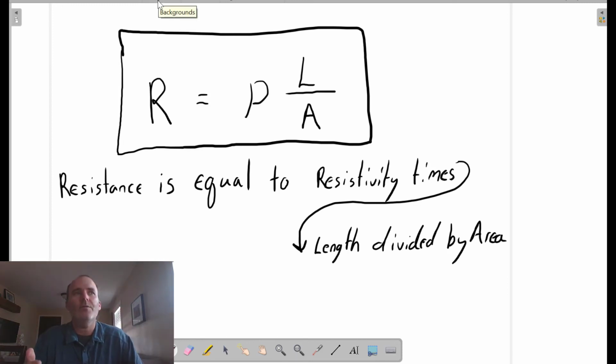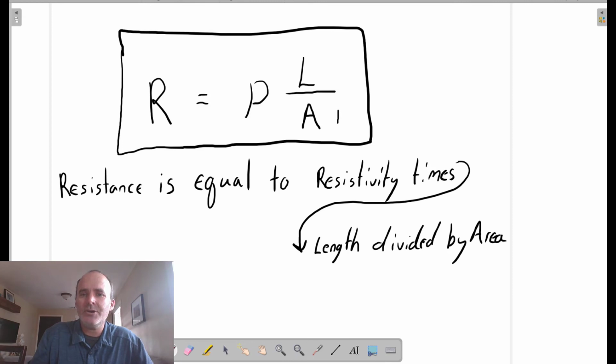What about area? Well, we said that area is inversely proportional. So if I increase the area, it's on the bottom of the fraction, so that means the resistance goes down. I'll do this in red because it's a little easier to see. If I double the area, then the resistance goes down by half.